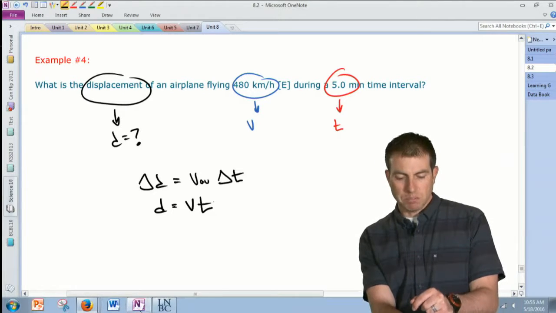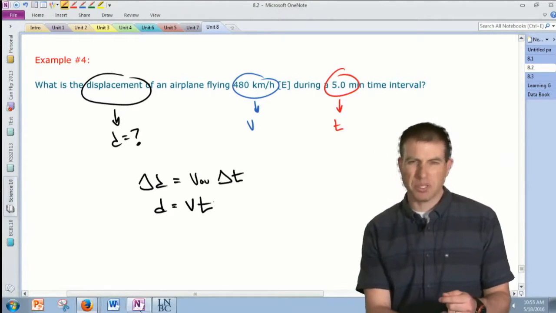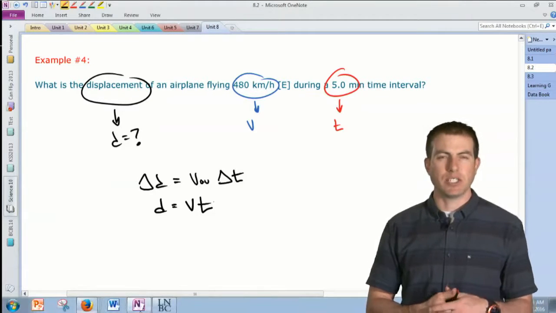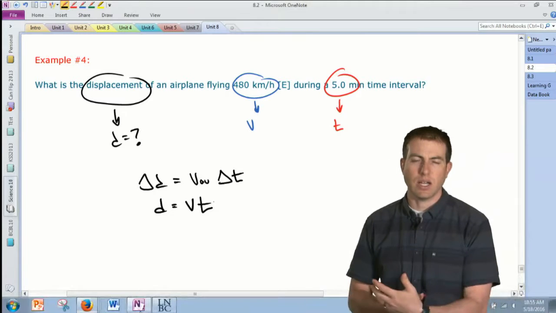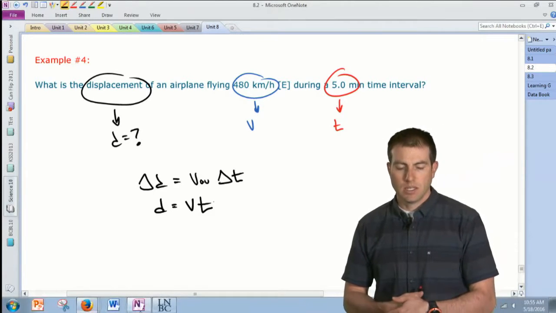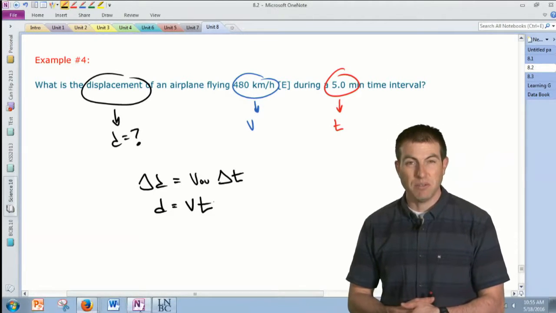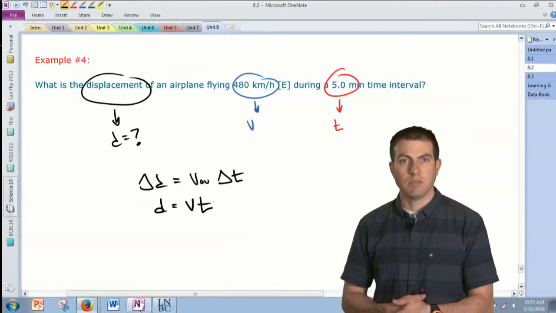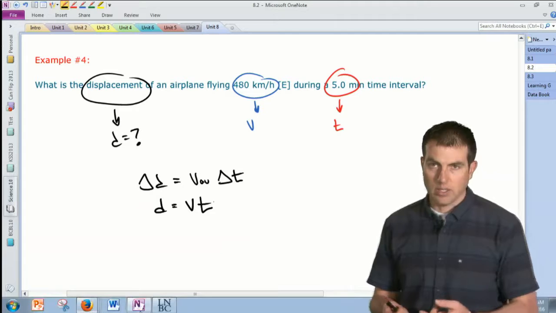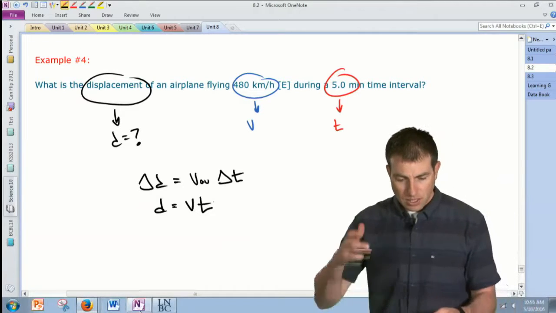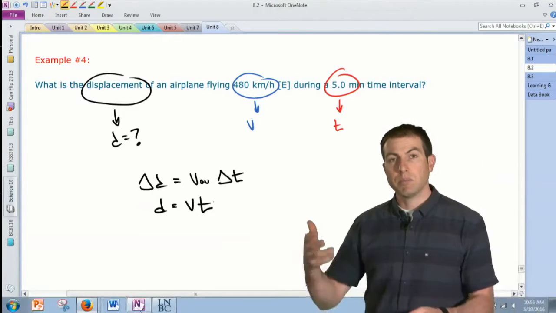Do my units match? Well, it doesn't really make sense to talk about units matching between things like velocity, kilometers per hour, and a time. But what is my velocity measuring my speed in? Perfect, Anna. We have a velocity in kilometers per hour.